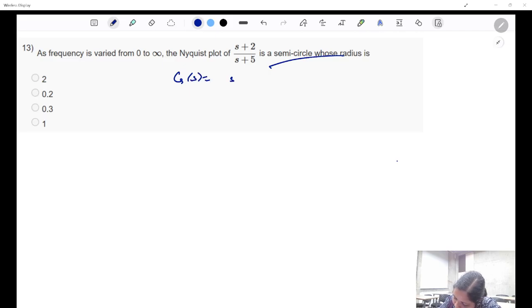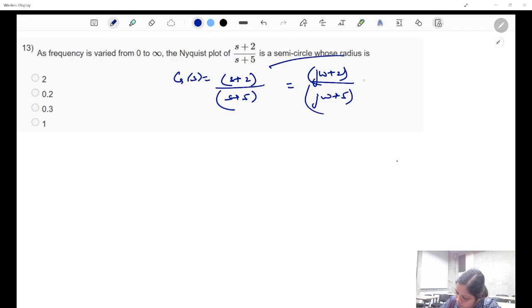G(s) is equal to (s plus 2) upon (s plus 5). Replace it with j omega. It's going to be (j omega plus 2) upon (j omega plus 5). Get rid of j in the denominator, so we'll multiply with 5 minus j omega, and here also 5 minus j omega.